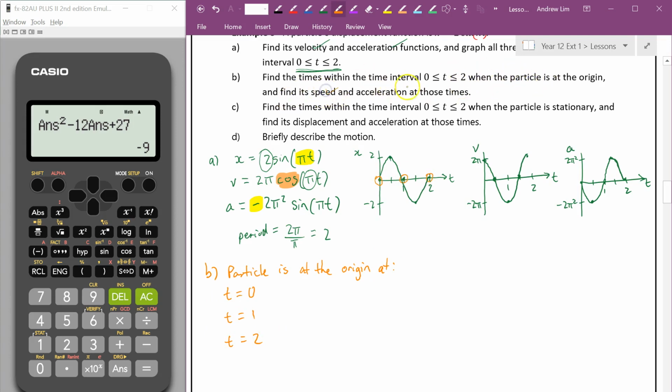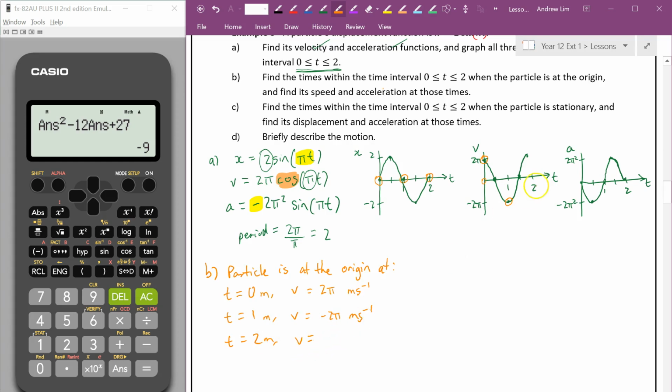Find its speed and acceleration. Okay, so we still need to do speed and acceleration. So we can see here, we can work out the velocity of each of these. So at t is equal to 0, the speed is 2 pi, or velocity is 2 pi. At t is equal to 1, velocity is negative 2 pi. And I might write meters per second.